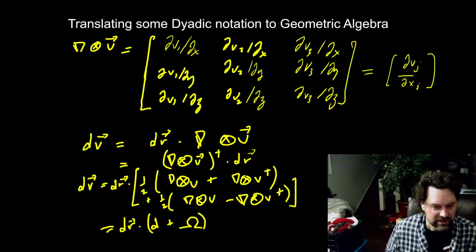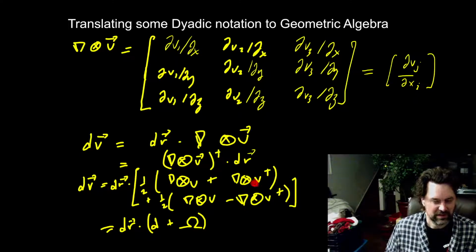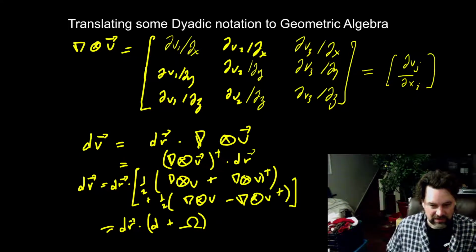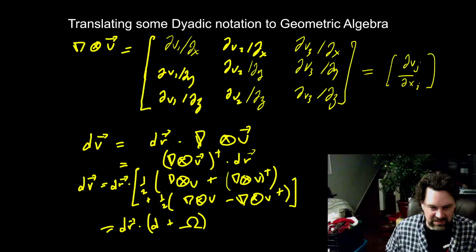Now, it seems to me that this transpose must actually apply to the entire tensor product, because it just doesn't make sense to transpose just a vector in this sense, I don't think. So I think that what we want is that, that is what is being considered.